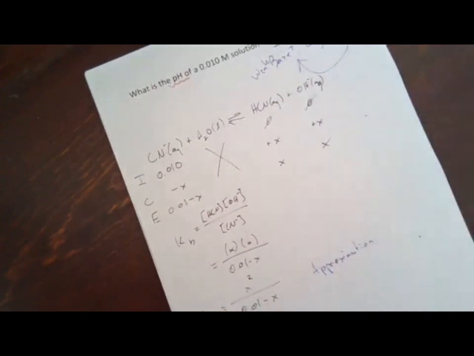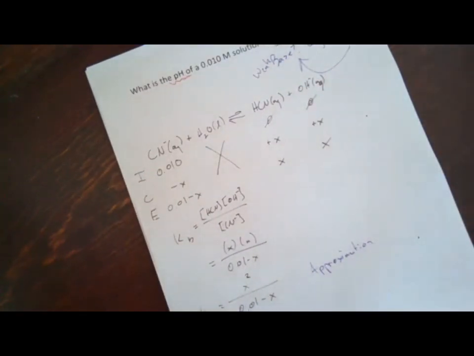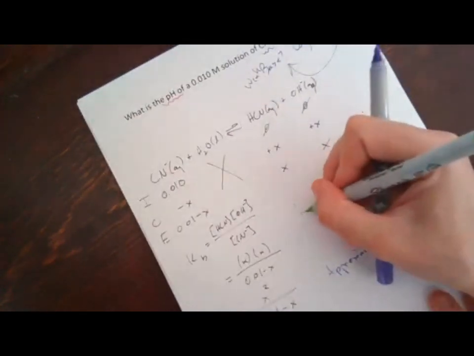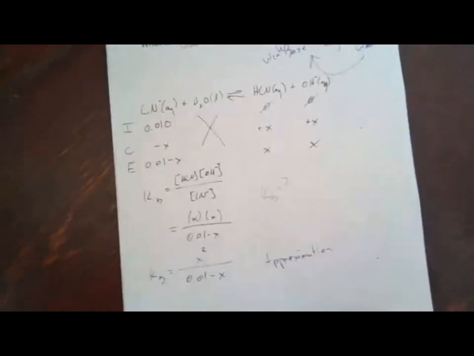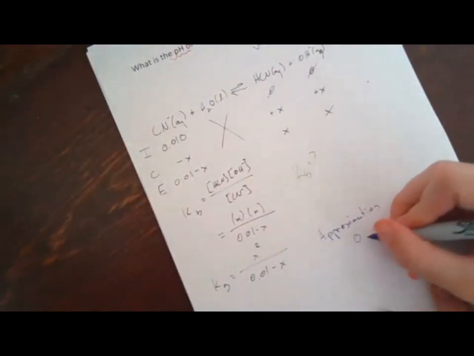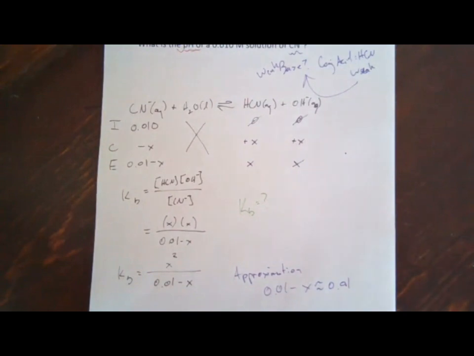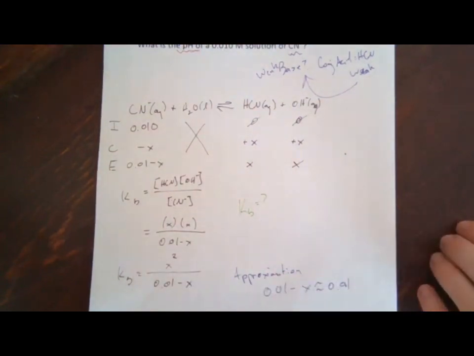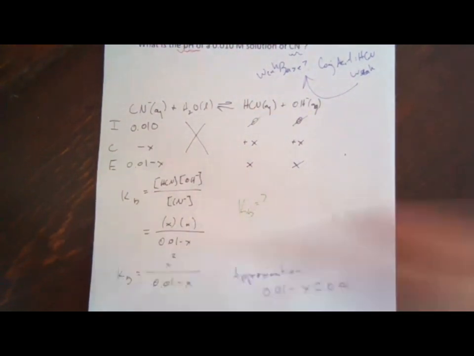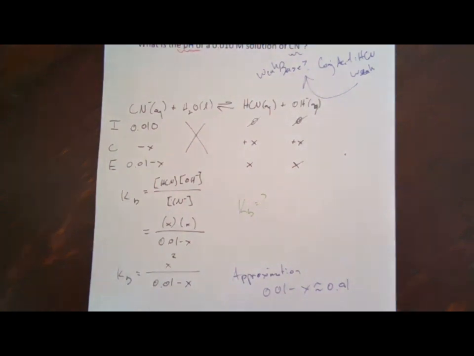So one of the differences when it comes to working with a weak base is, where does Kb come from? What's that equal to? So we know for the approximation, we're probably going to be able to say 0.01 minus X is just going to be equal to 0.01. And so that would help our algebra. But that would help us deal with this side. We also need to deal with the other side of the equation. We need to plug in a value for Kb. At some point in time, I'm going to need to do that.